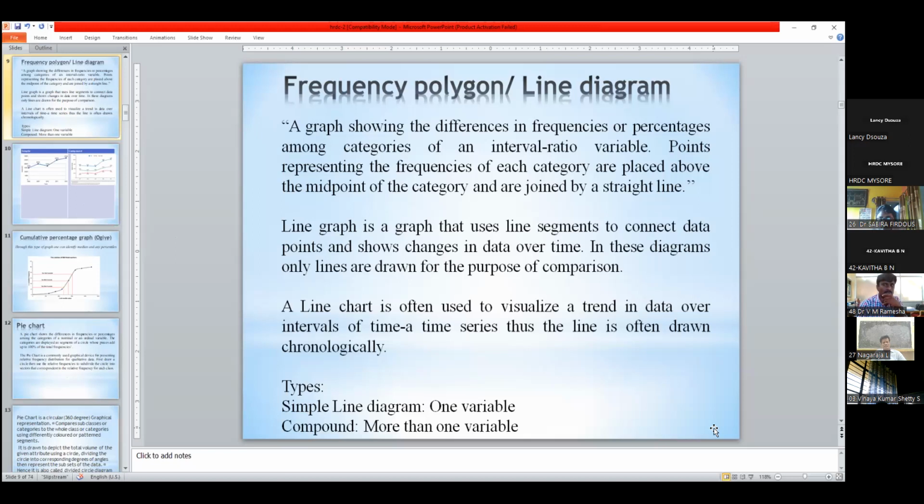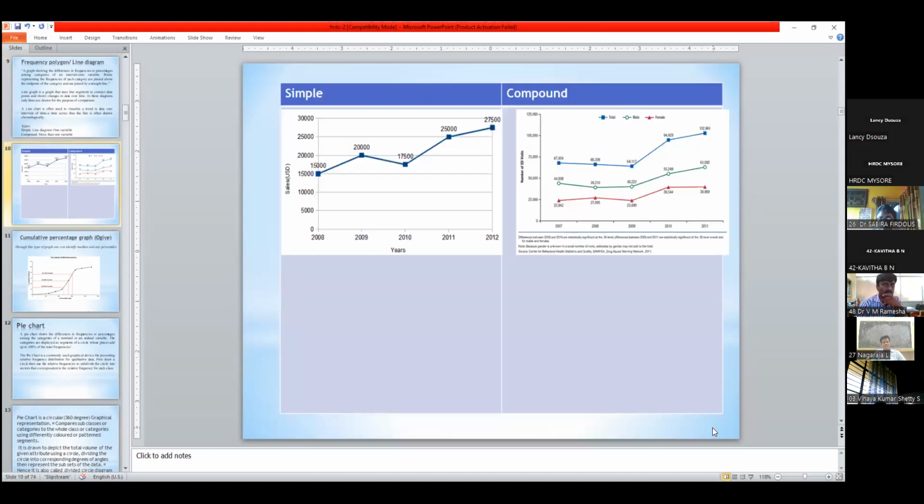Accordingly, they look like this. You have seen how a simple diagram looks, and here in the other one, in the first graph, the simple one, only one variable over the years is shown, whereas here the data is split into three levels, so that three different independent variables are shown over the time period as three different lines.